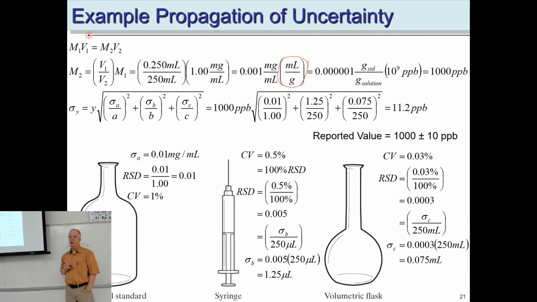So going from milligrams per milliliter to parts per billion is a mass percent. Okay, it's a mass fraction. It's grams of standard per grams of solution. But where did we get out of milligrams per milliliter and into masses? So I've got 1 mil equals 1 gram. What's going on with that?